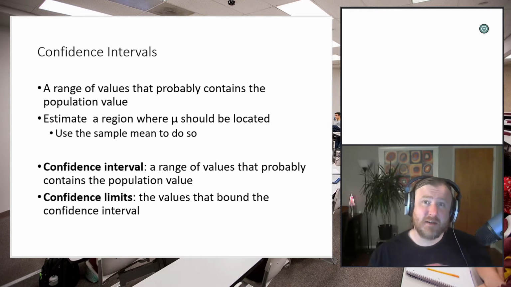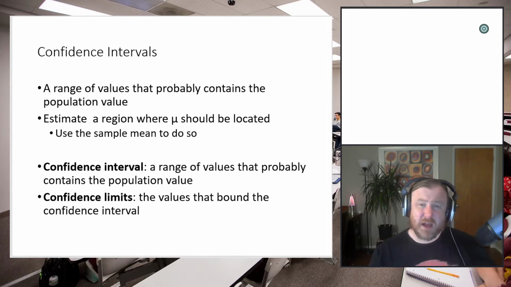And when we do that, the mean of our sample is an unbiased estimate of our population mean. However, the standard deviation of our sample is a biased estimate of the standard deviation of the population.